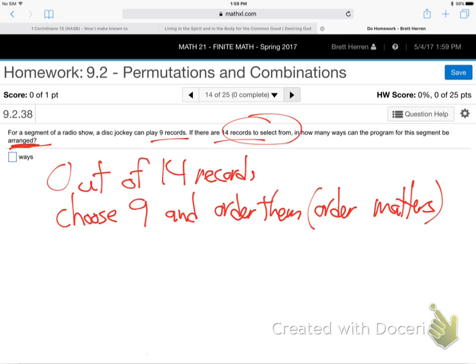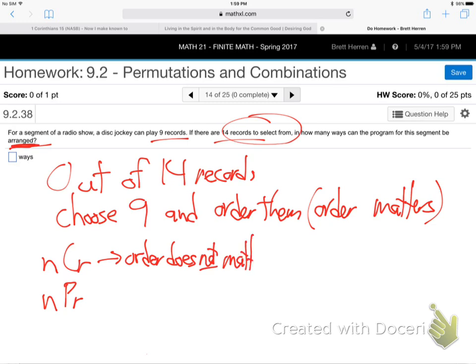So now it's time for the C and the P that we practiced before. Basically, whenever you do nCr and nPr, the C means order does not matter, and P means order matters.